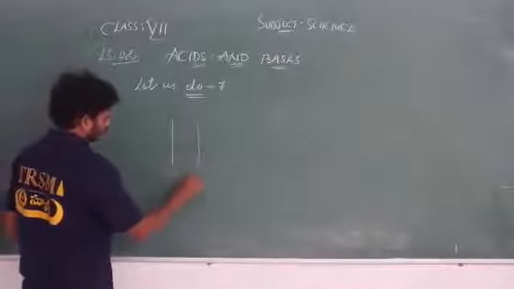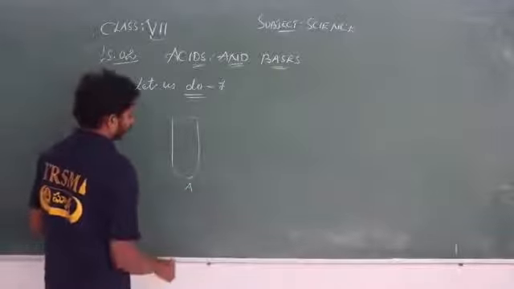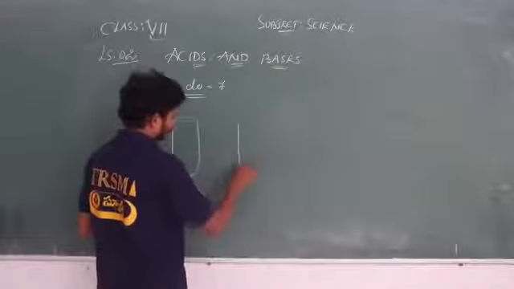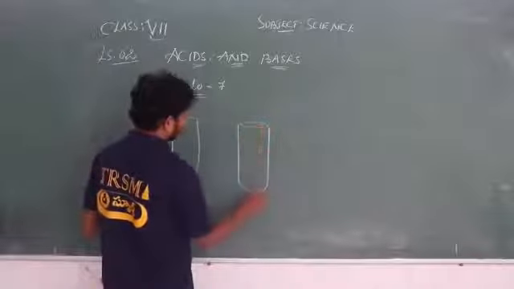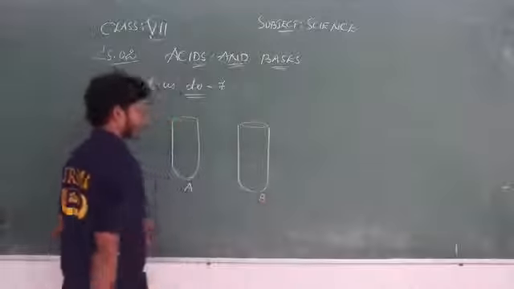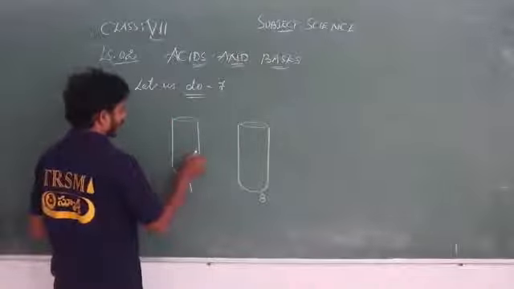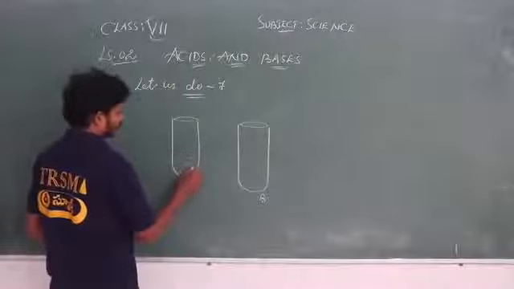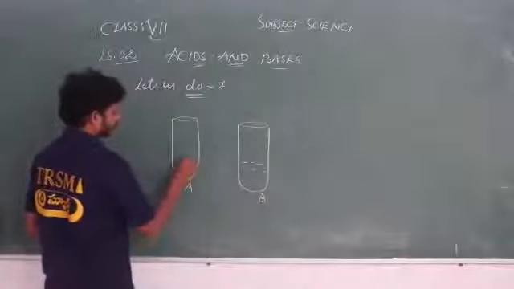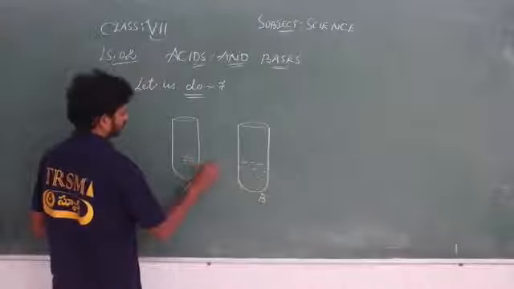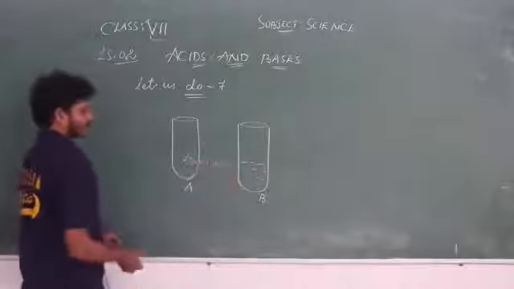This is one test tube I have taken, label this as A, and I am taking another test tube, test tube number 2, label this as B. Now take a small amount of lemon juice into each. Lemon juice is taken in both the test tubes.